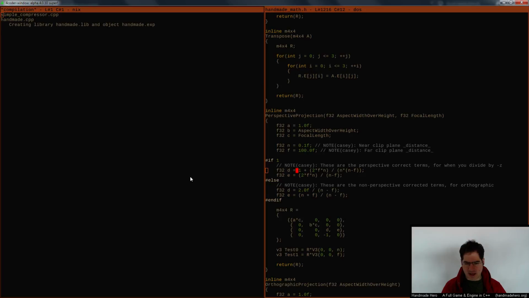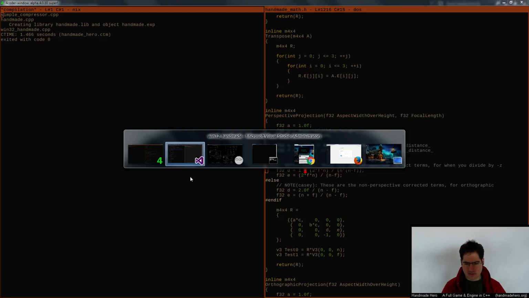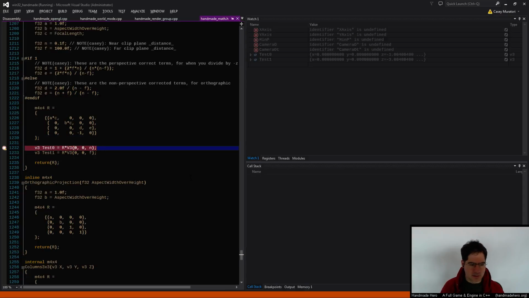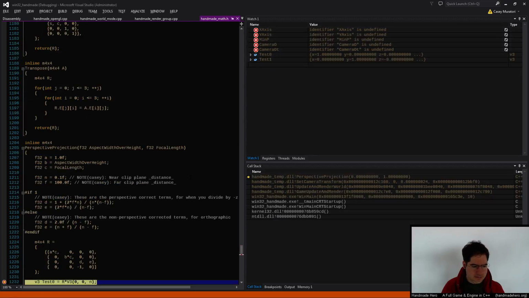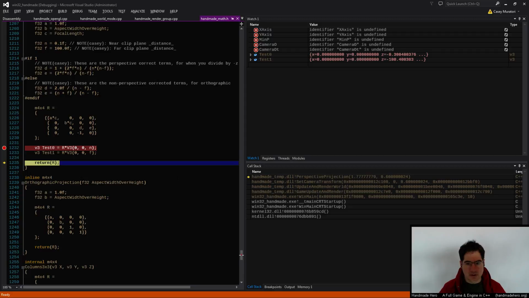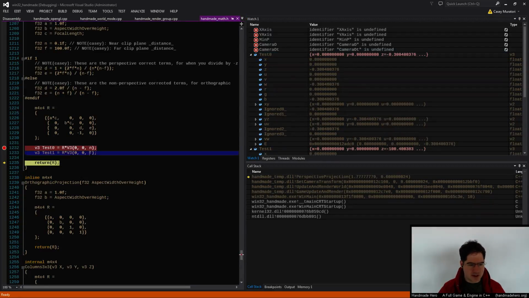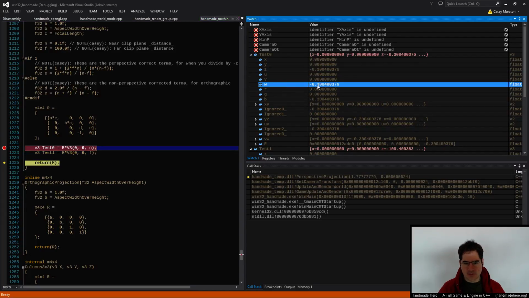Let's just check that again, because that's what's supposed to be there. And we'll see what we get when we multiply through now. Because this is what we actually would expect. So let's take a look at these. We have n and we have f. So test 0 is our near clip plane. Z is -3, W is -3, so that divides out to 1.